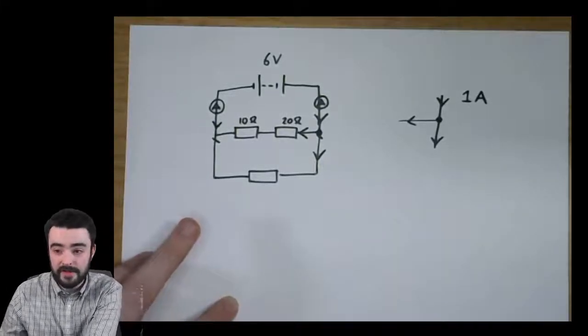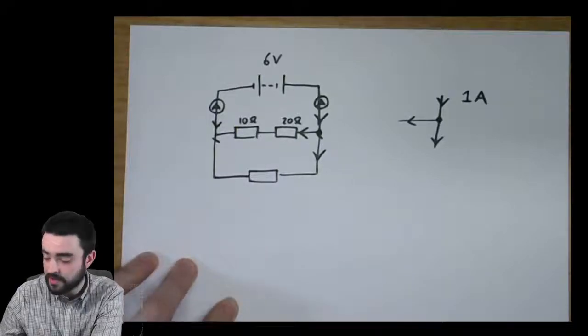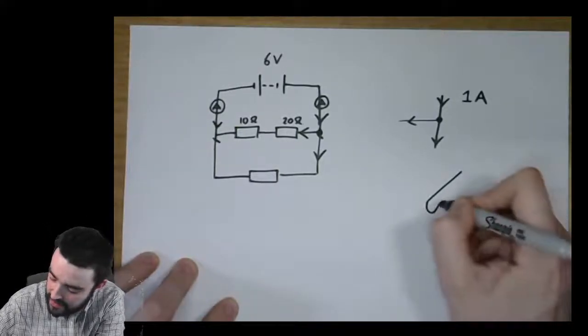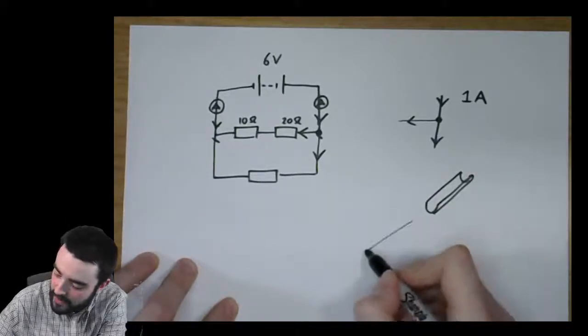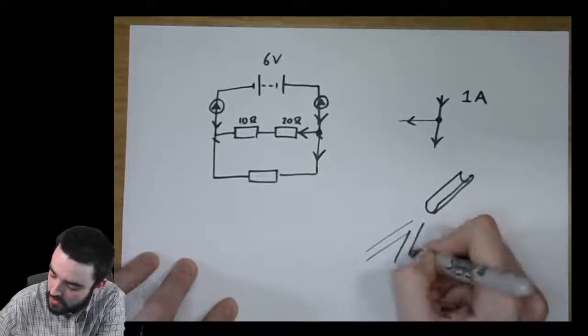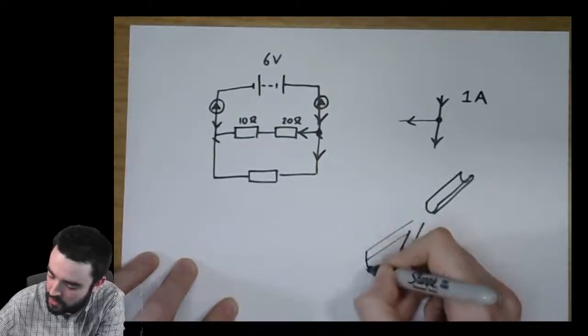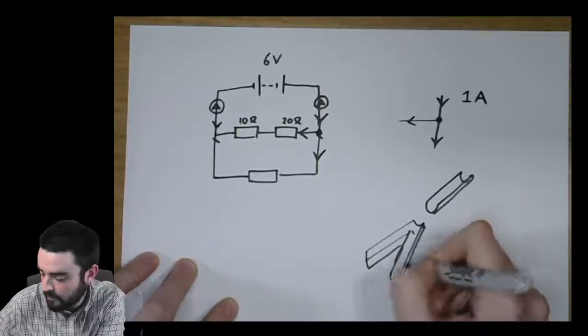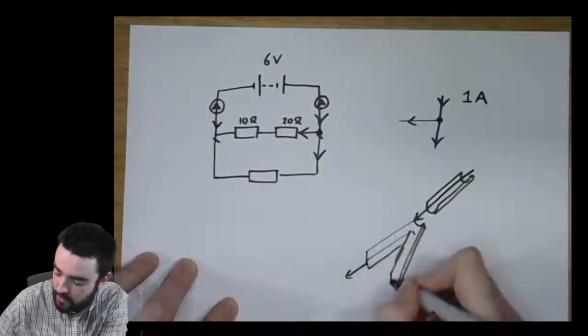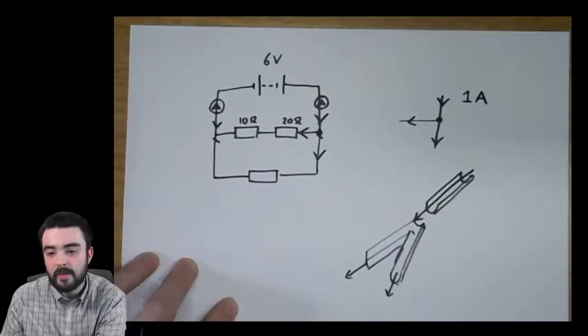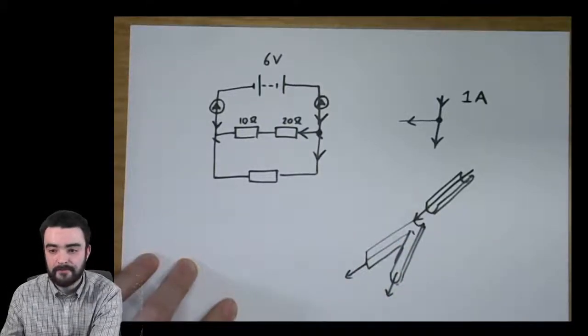So if we think about this in context of water for a second, if we had a water pipe here, which was then flowing into two separate water pipes, water going in has to equal water going out because there's no extra water there.